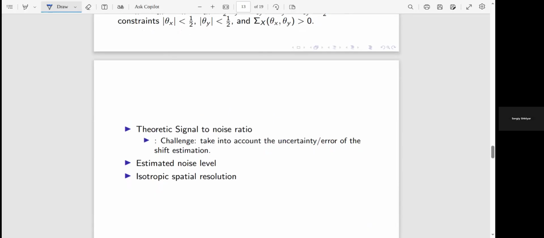Is it big? For me it's always a problem because signal to noise is extremely big. Here it looks like there is nothing about estimation of noise.